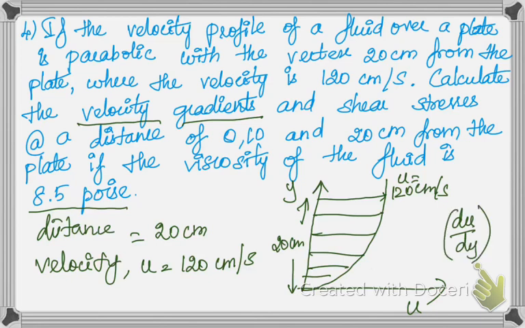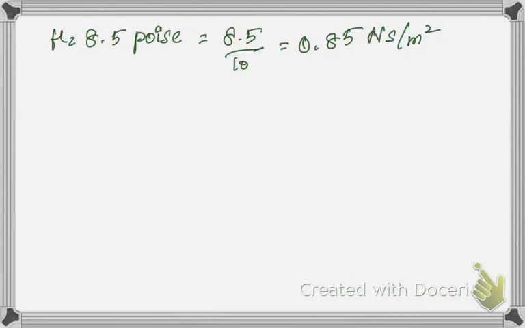So we have to get the velocity gradient du by dy at 0, 10 and 20 centimeter, and also the corresponding shear stresses. So how can we get it? For that, one simple hint they have given is that the velocity profile of a plate is parabolic. So the velocity profile is given as parabolic, and the equation for the parabola will be u is equal to a y square plus b y plus c.